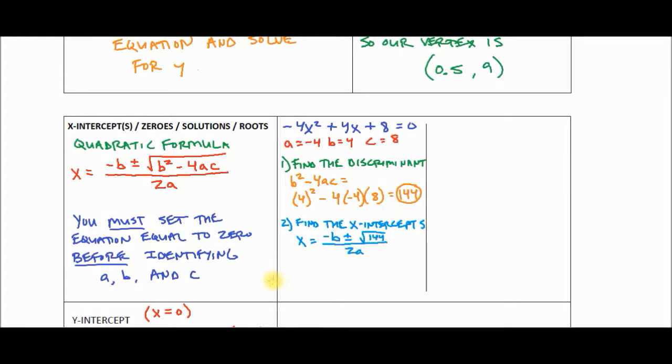So all we have to do now is finish plugging in our b and our a value. So I'm going to write down here, therefore x is equal to negative b.